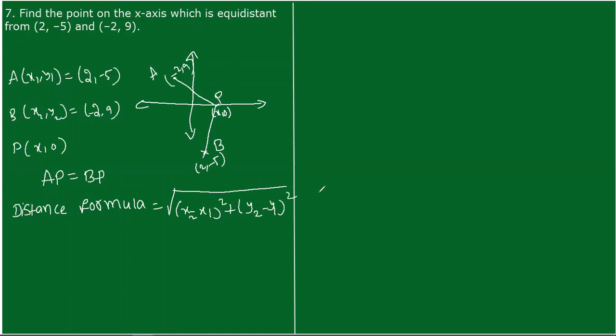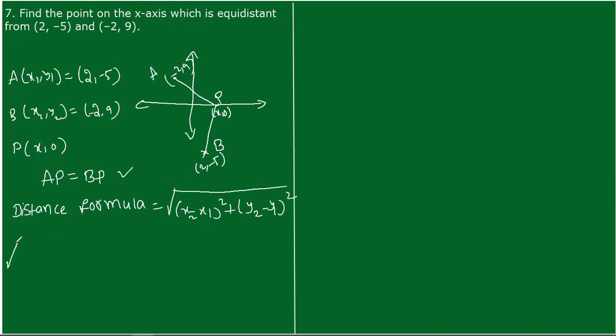Now let's apply the formula. As we have AP equal to BP, first we take AP, which is nothing but (2, -5) and (x, 0).